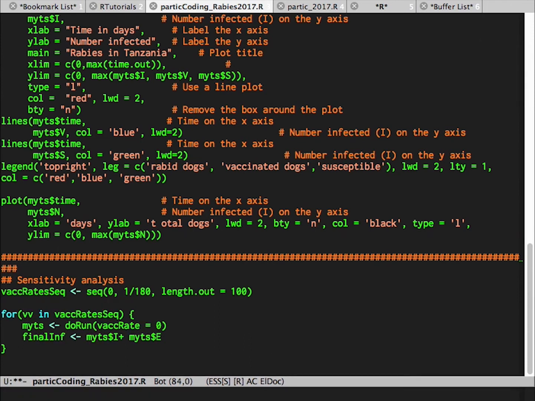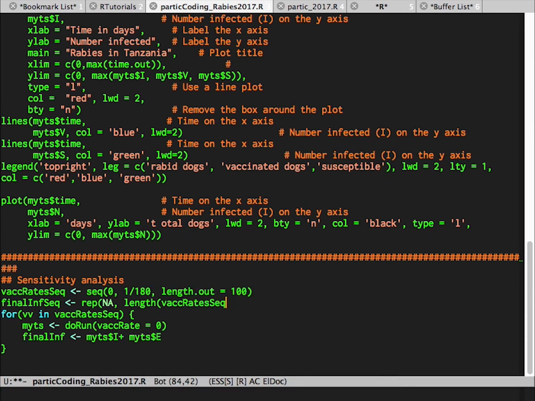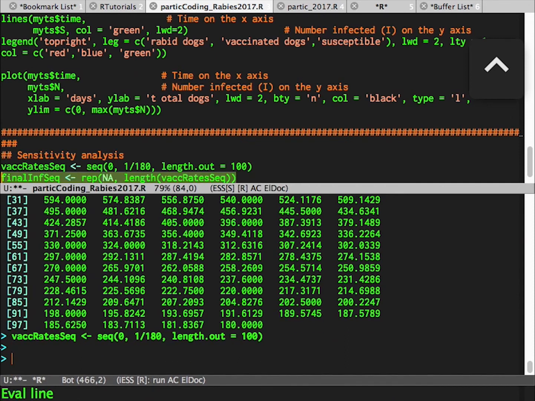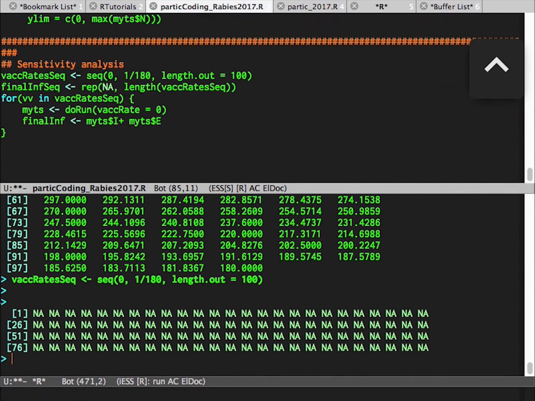And we're going to create a new sequence, the final infected sequence, which is going to be an empty vector that is the length of this. So for each of these, we're going to be filling in one of those with how many dogs are infected at the end of time, and then we're going to plot it.